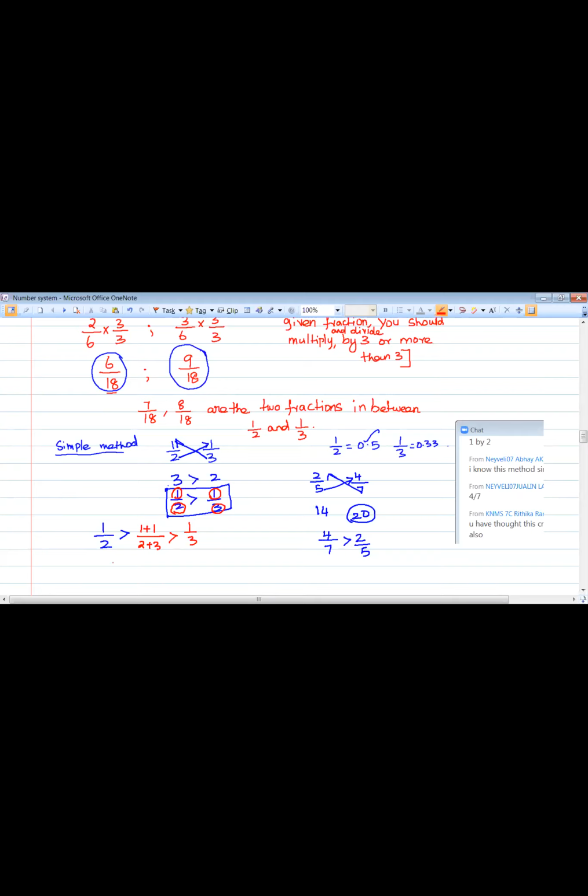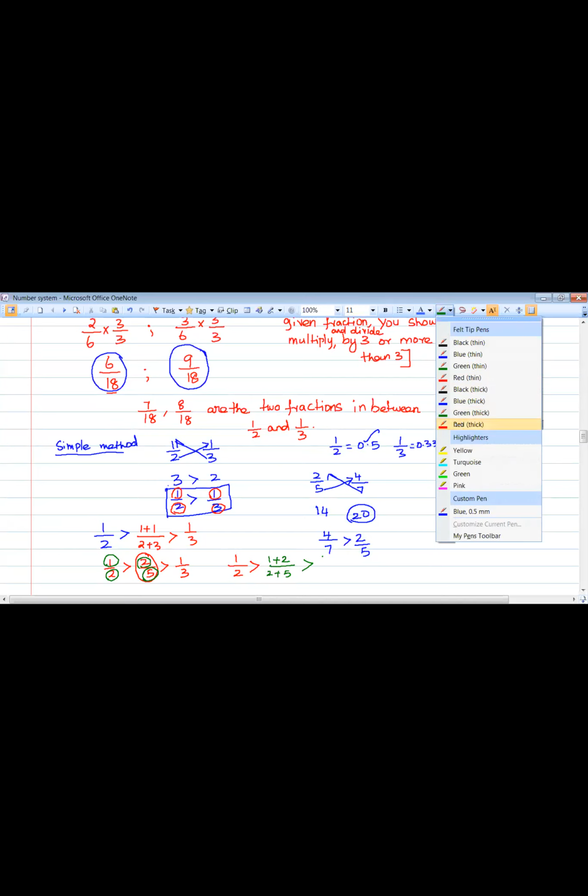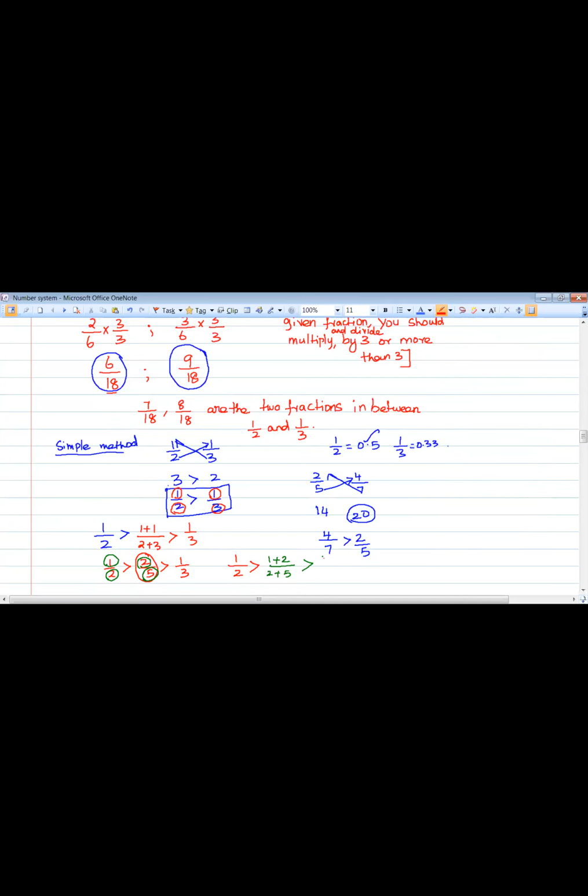Compare this and this. Here 1 is there, here 2 is there, then 1 plus 2. Similarly, here 2 is there, here 5 is there. 2 plus 5, 7. Then greater than, write as usual number. 2 by 5 greater than 1 by 3. Once again, we can understand very clearly from this.